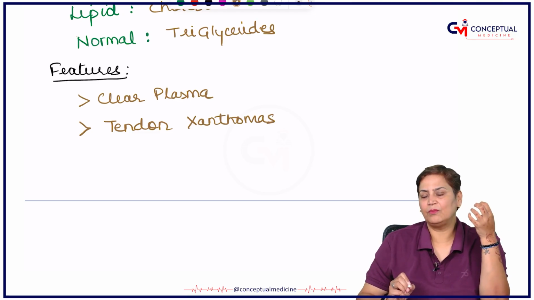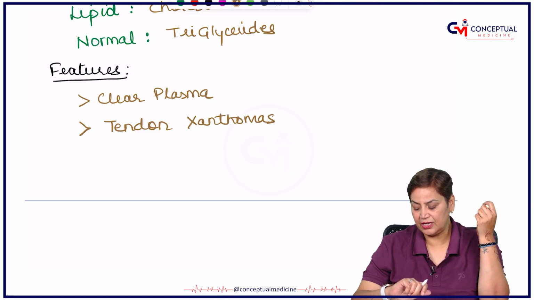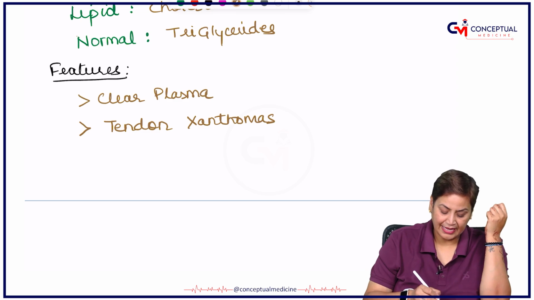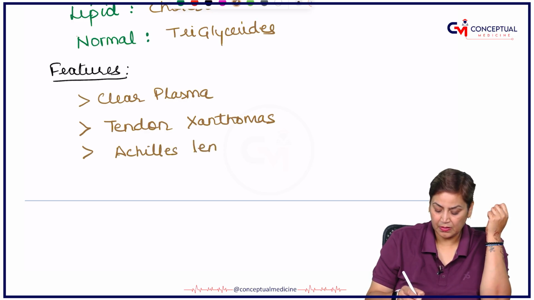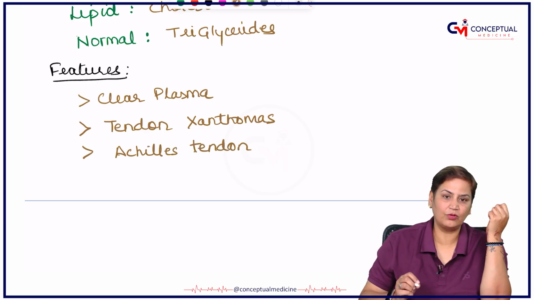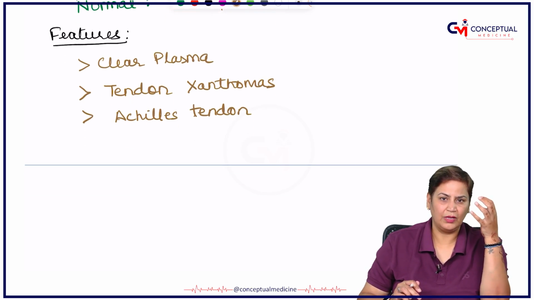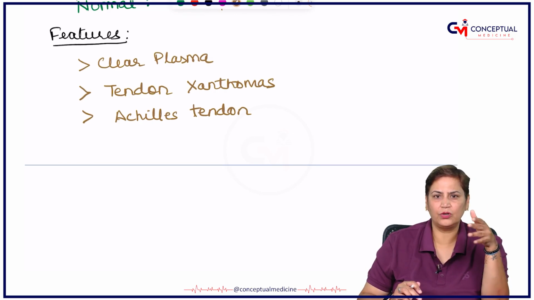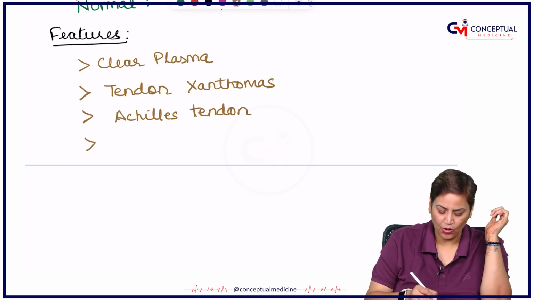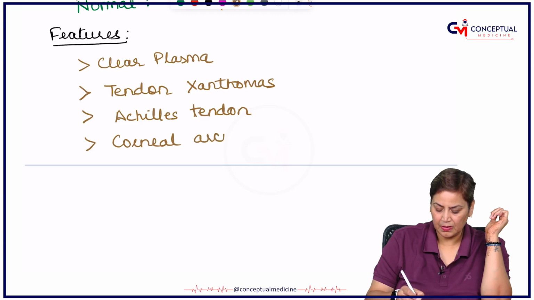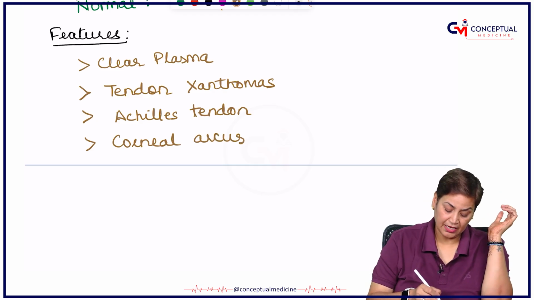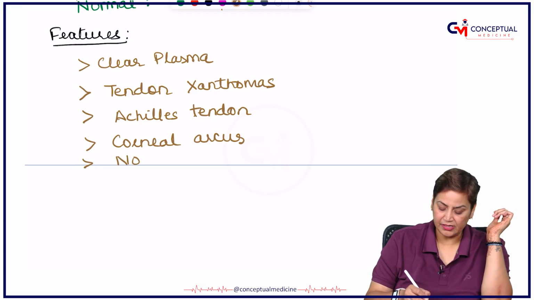And the most important diagnostic feature here will be that the Achilles tendon will be the one which will show the deposits of cholesterol. And inside the eye also there will be deposition of the cholesterol, which is known as corneal arcus. But here no pancreatitis.